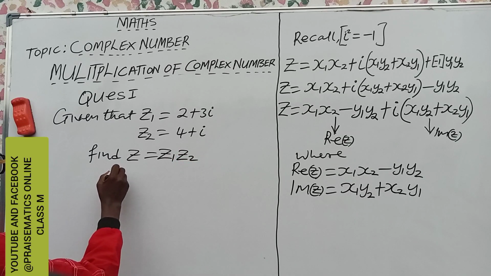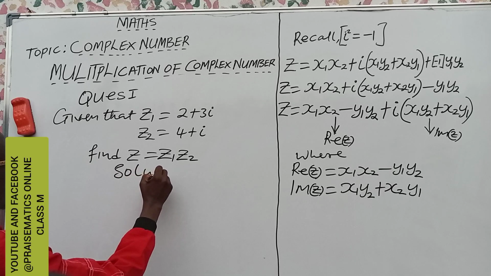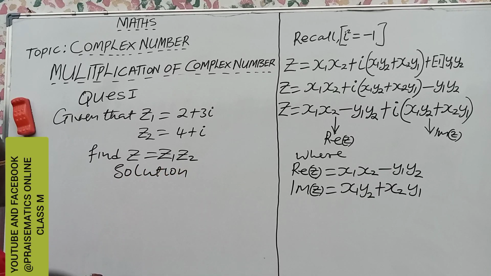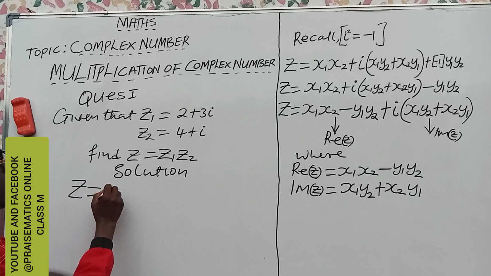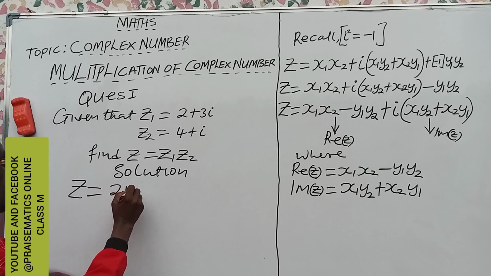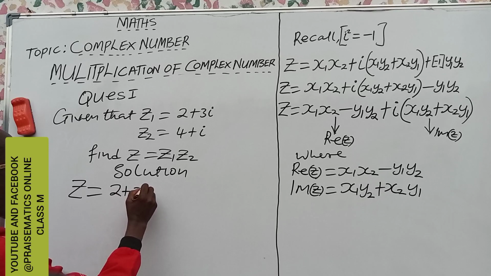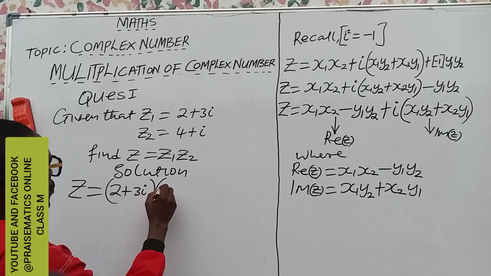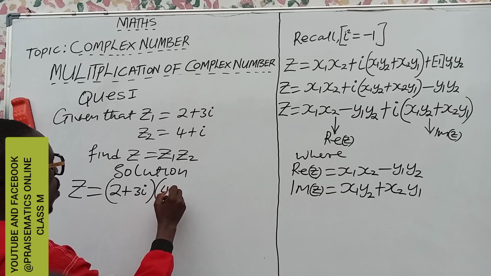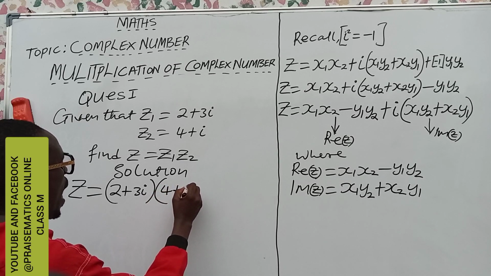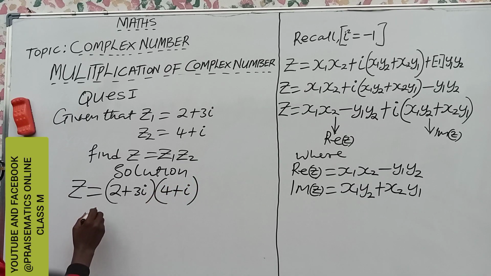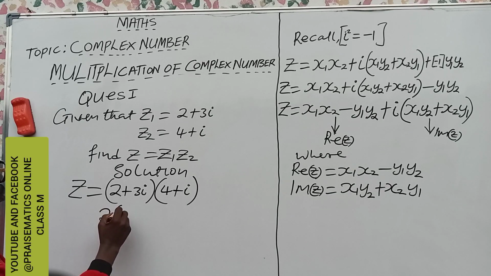We start with the solution. So z is equal to (2 plus 3i) multiplied by z2, which is (4 plus i).